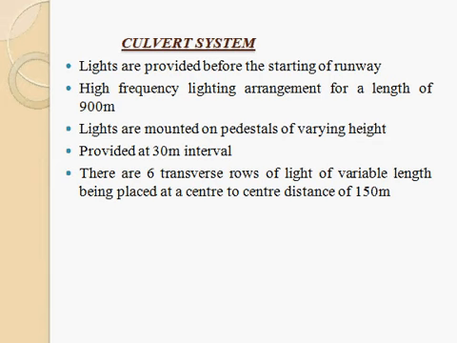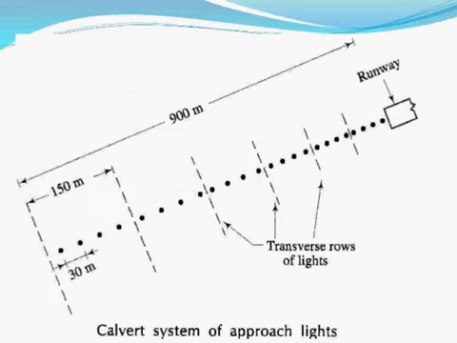Pedestals means stand-like structures, and these will have varying height and are provided at 30-meter intervals. In the Calvert system, we will have 6 transverse rows of light placed at a center to center distance of 150 meters. So for that 900 meters there will be 6 transverse rows, and each of the rows is spaced at a distance of 150 meters center to center.